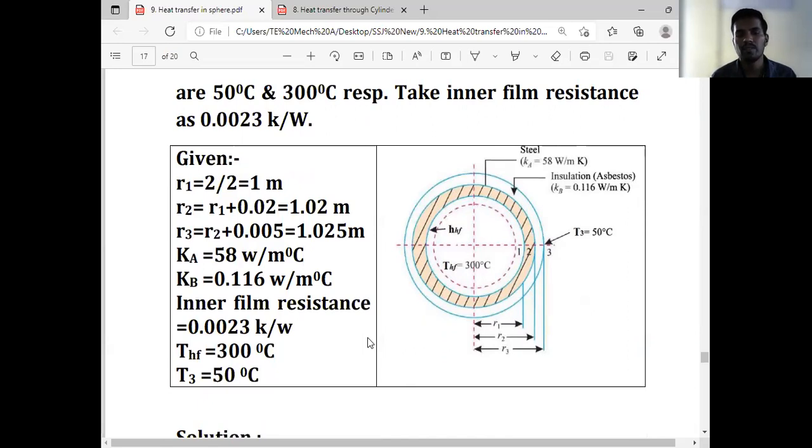Then THF, hot fluid temperature, is given 300 degree Celsius, and the outside temperature, that is the temperature of the insulation, is 50 degree Celsius. Whatever notations are given in the diagram, according to that we have written the given things.